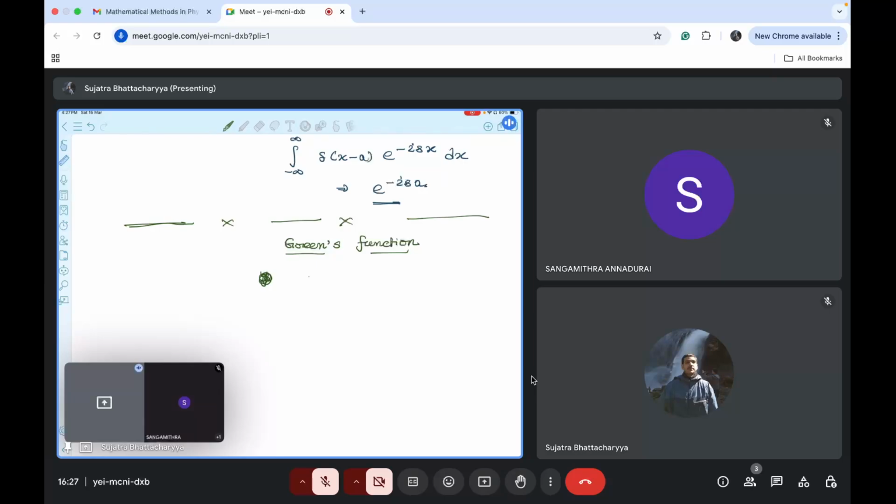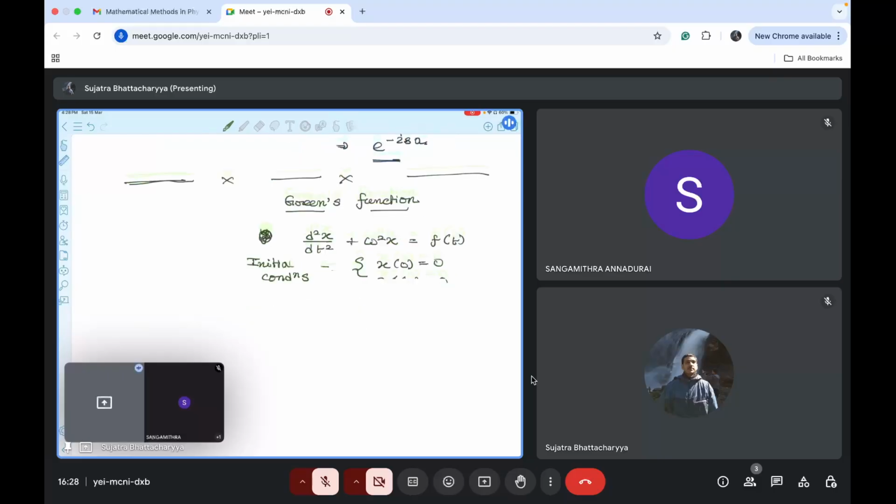Suppose you have an equation like this: d2x/dt2 plus omega square x is equal to f of t, and it is given that x of 0 is 0 and x dash of 0 is also equal to 0. Remember, this is applied only when this kind of initial value problem or initial conditions are there. These are sometimes called homogeneous initial conditions, where x of 0 is 0 and x dash of 0 is also 0. So this condition is very important for solving using this particular technique.